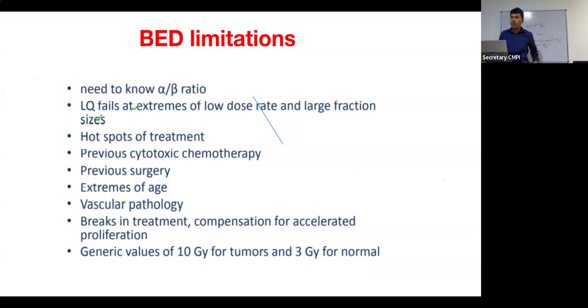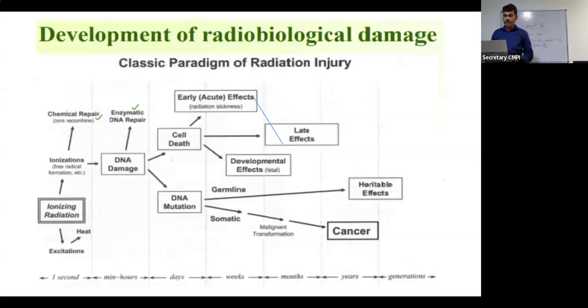And as we know, whatever the data is, it is based on the model, LQ model or multi-target model, and these models are not 100% correct. They sometimes behave a little bit differently from the actual one, depending on the sensitivity of the tissues and all. And these are all the limitations of BED. So this is my final slide.